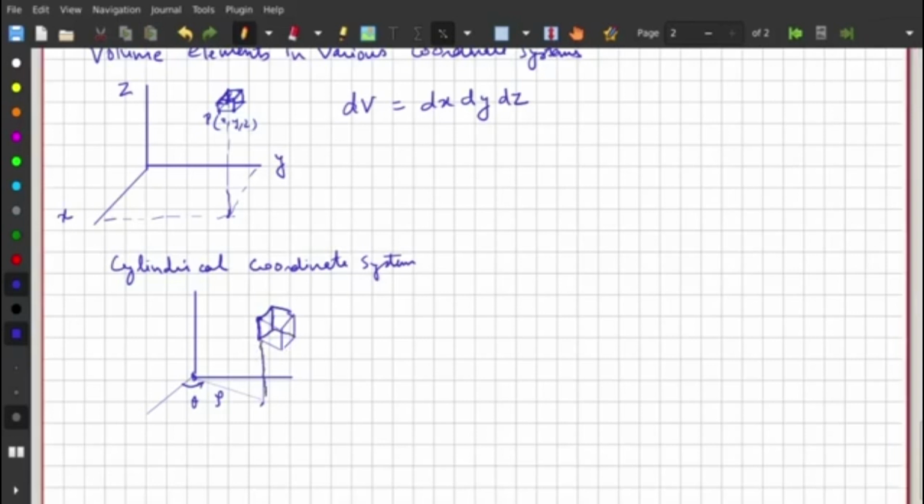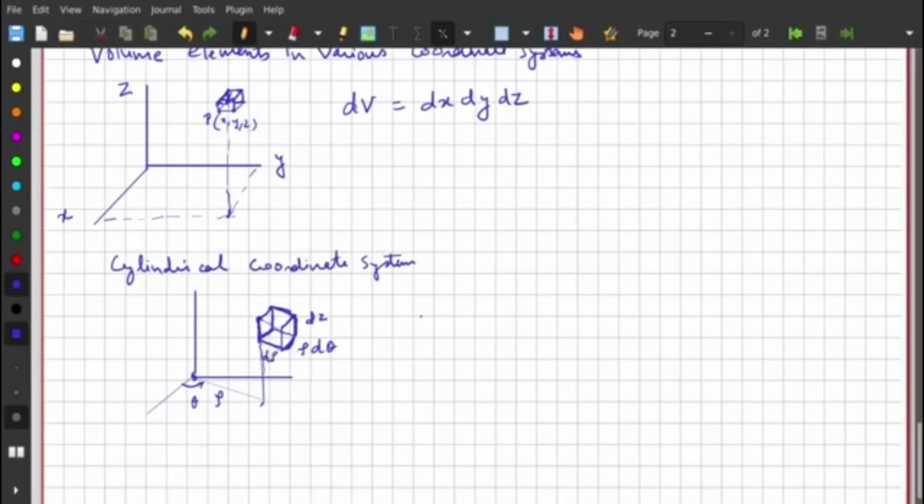The size parallel to the z-axis is dz. The length parallel to the xy plane is rho d theta, and this, measured in the rho direction, is d rho.